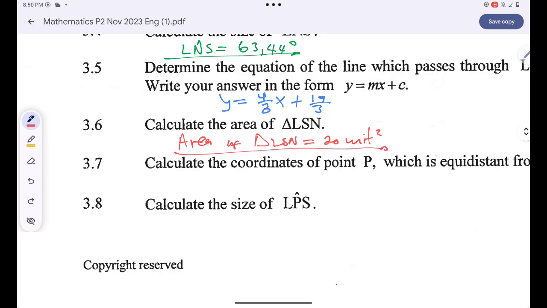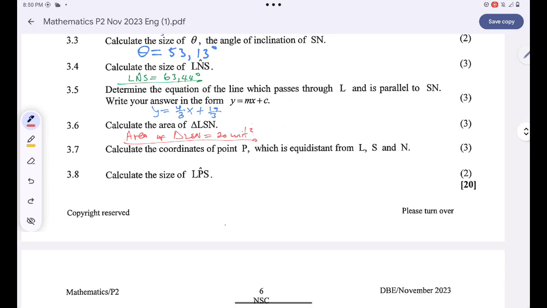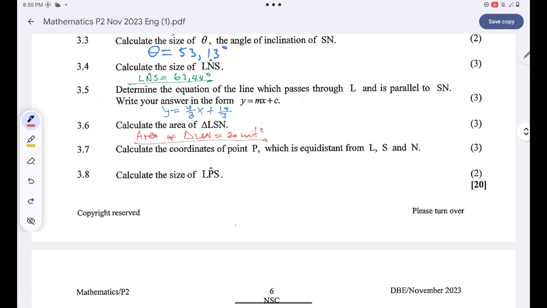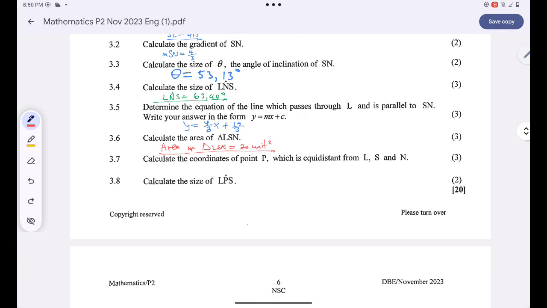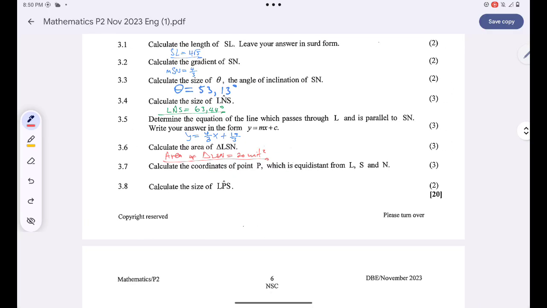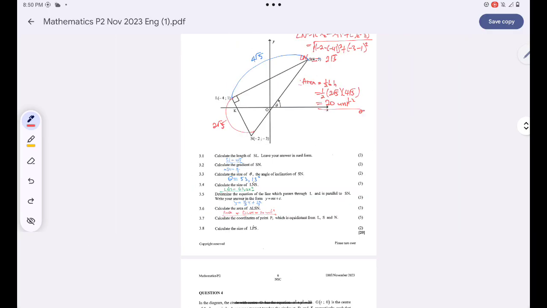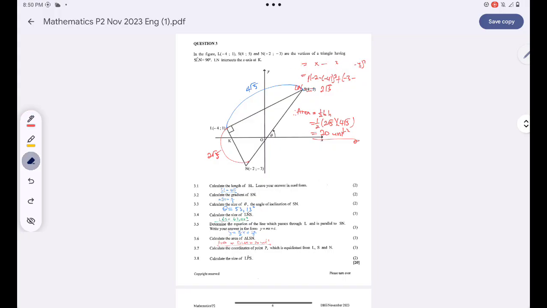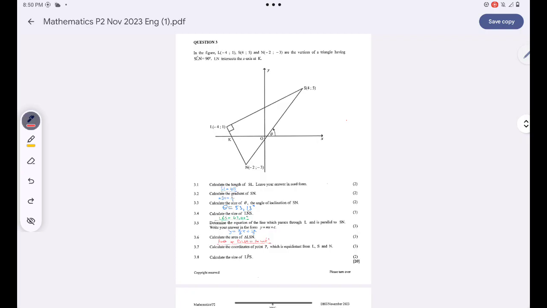Okay, now they want us to calculate the coordinates of P, which is equidistant to L, S, and N. Okay. Since P is equidistant to all the vertices of a triangle, it simply means that P is the center of a circle that passes through L, S, and N. Are you together?